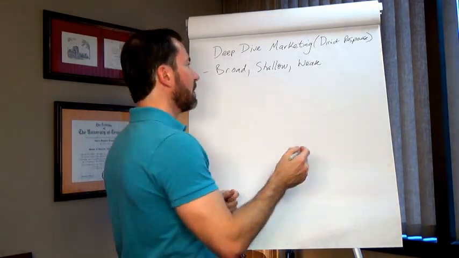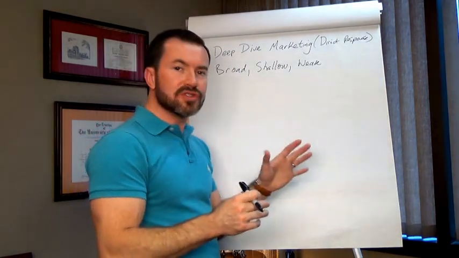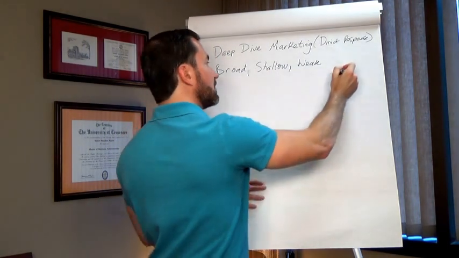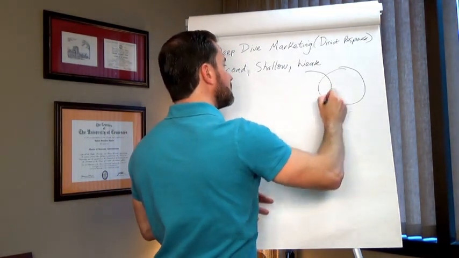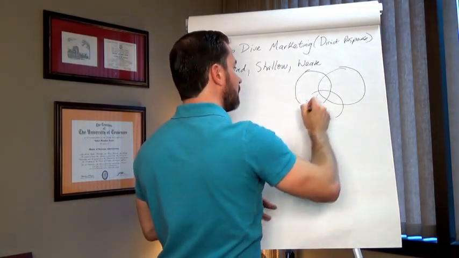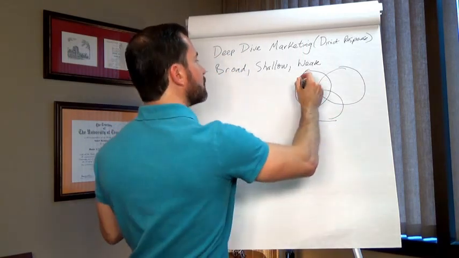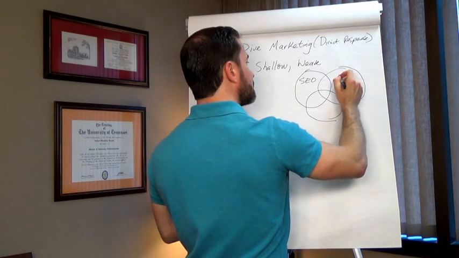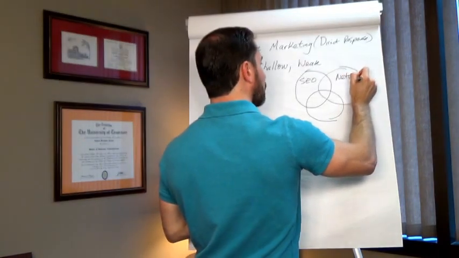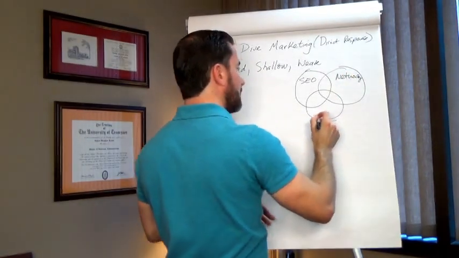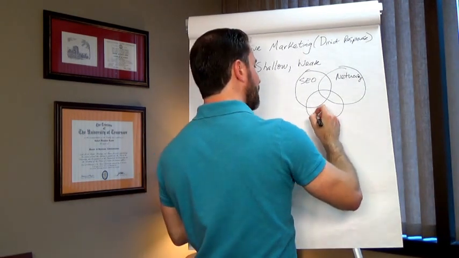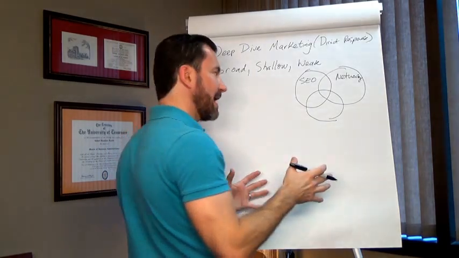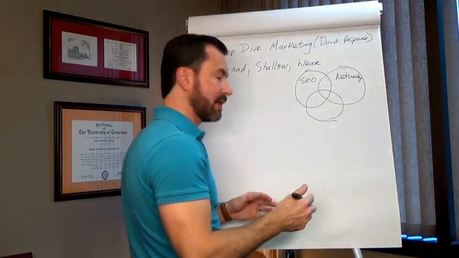Take, for example, when you do just a little bit everywhere, you've got basically different lists that you're talking to. And let's say those lists look like this, where here's your people that get exposed to your SEO, here's the people that get exposed to networking, here's the people that get exposed to, say, some kind of coupon or some kind of directory or ad that you're doing in some kind of printed publication.